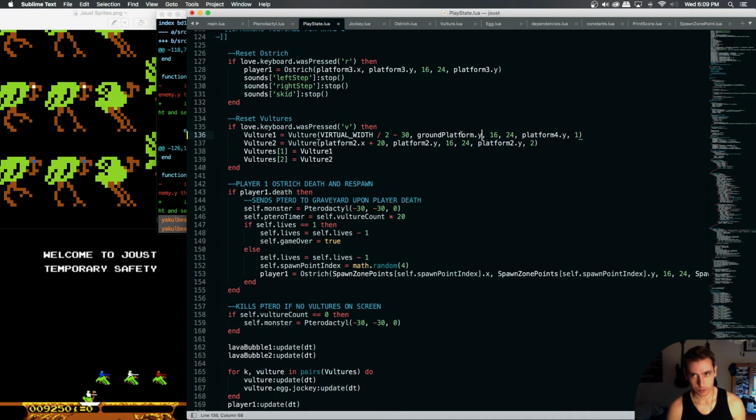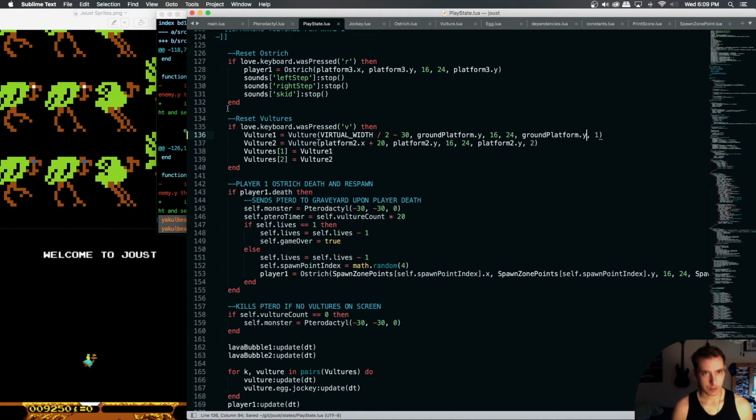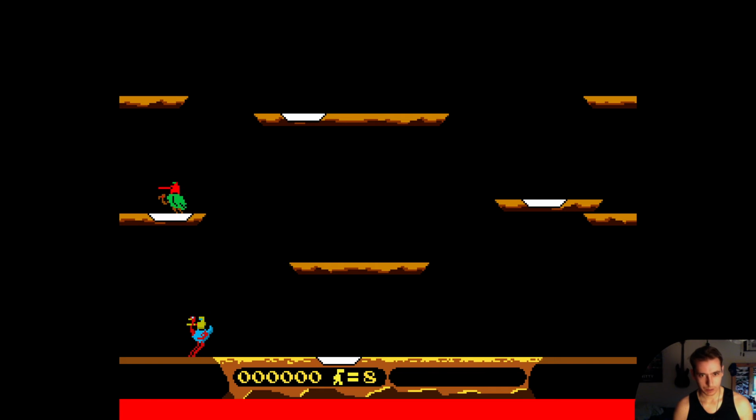And then it also needs platform Y for the drawing of it spawning, but the same Y will suffice. So now if we hit V, we should have a vulture come out the bottom here. Yes. And then we can test it just like that.